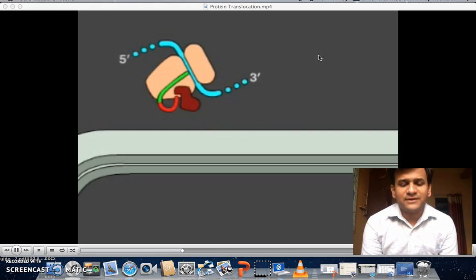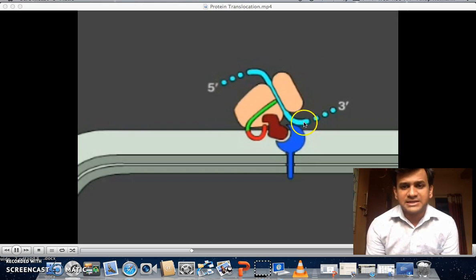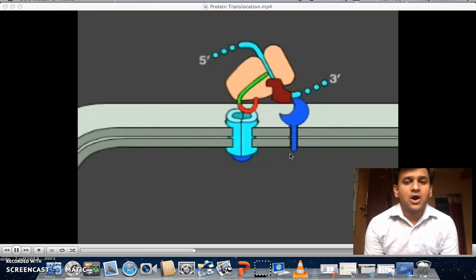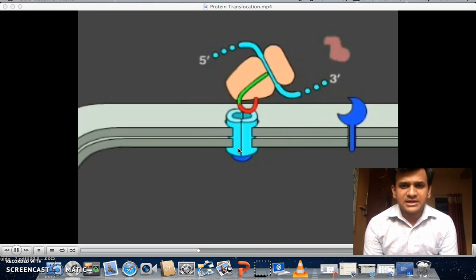Once they identify the signal sequence on the emerging polypeptide chain, they will bind to that, and this SRP will go and bind to the SRP receptor which is present on the endoplasmic reticulum. And there are some pores or translocators which will let the polypeptide chains get inside the endoplasmic reticulum.